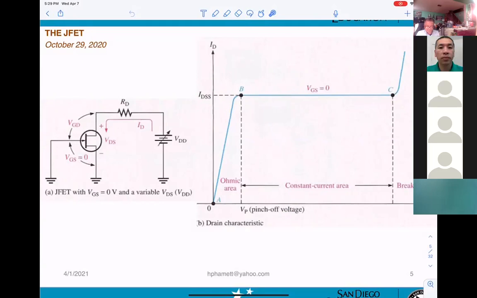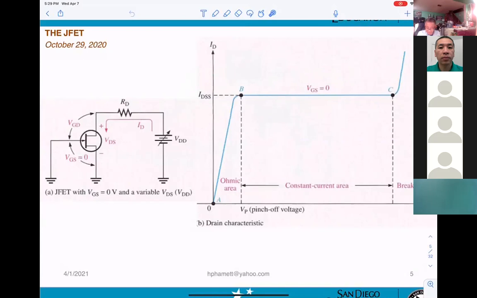It's the saturation current with VGS equals 0. Exactly. That is the maximum current with VGS equal 0. Normally when you are working with a JFET, they give you the IDSS for each JFET.